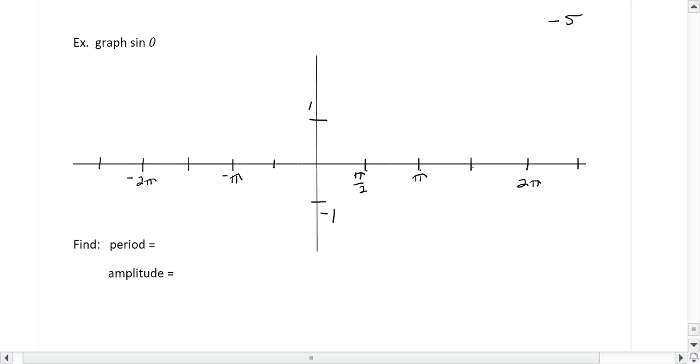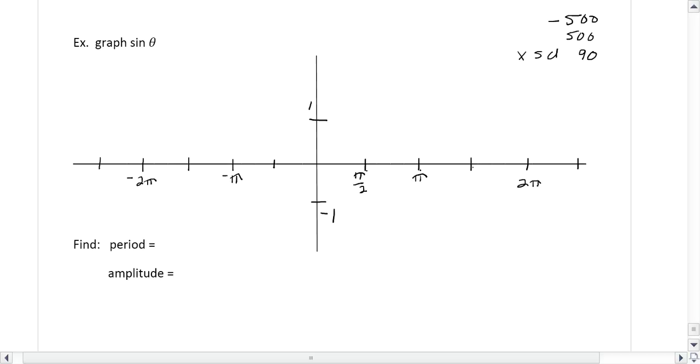Let's go from negative 500 to 500 for our min and max. Then if you hit your x scale and set it at 90, it's going to set up these exact spacings that we have set up in radians. So thank you, Sierra. That was awesome.